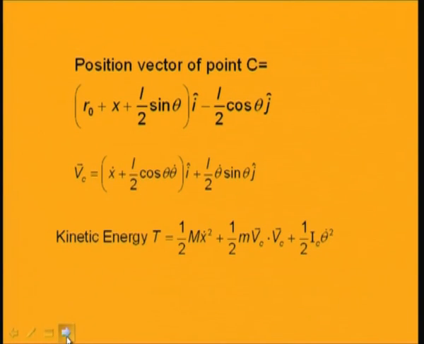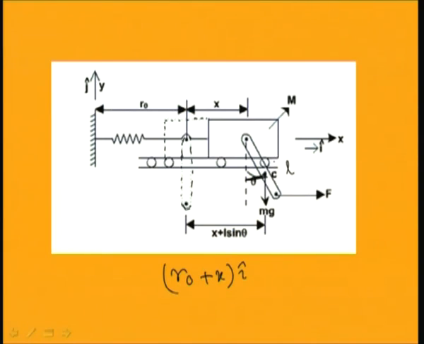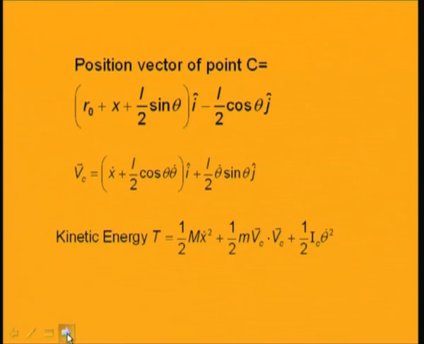So the position vector of point C, the center of gravity of this rod, is r0 plus x plus L by 2 sin theta i minus L by 2 cos theta j.